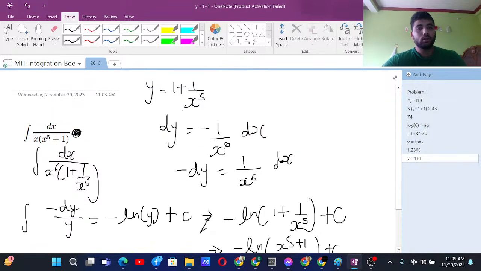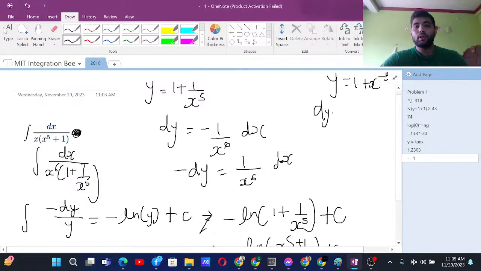Wait, sorry, I made a mistake over here. While differentiating, we had y equals 1 plus x to the power minus 5. So dy will be 0, and then over here we'll have minus 5 x to the power minus 6.